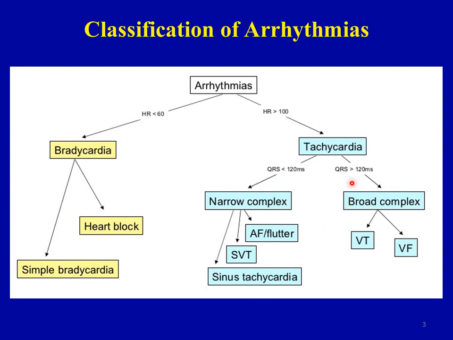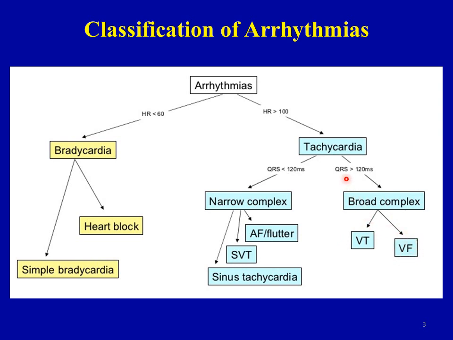If the QRS complex is wide, more than 0.12 seconds, then it is an arrhythmia that originates in the ventricles, and we call this broad complex arrhythmia, and it includes mainly ventricular tachycardia and ventricular fibrillation.